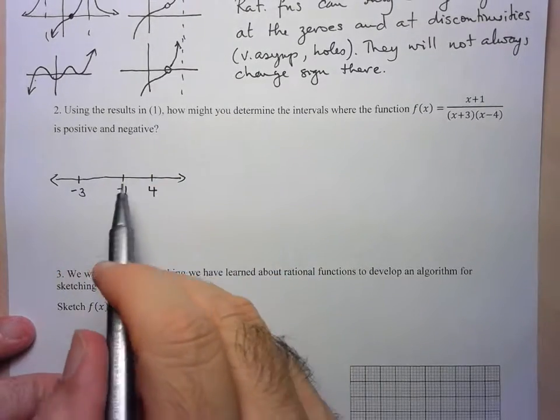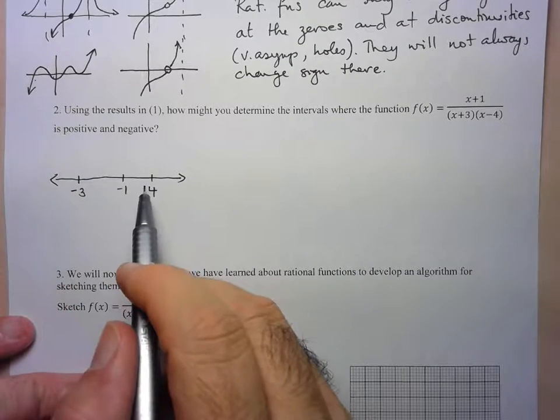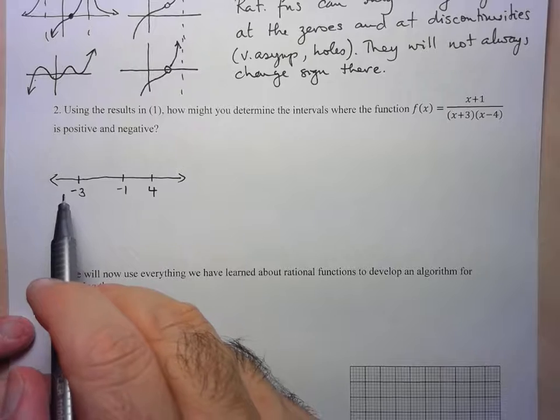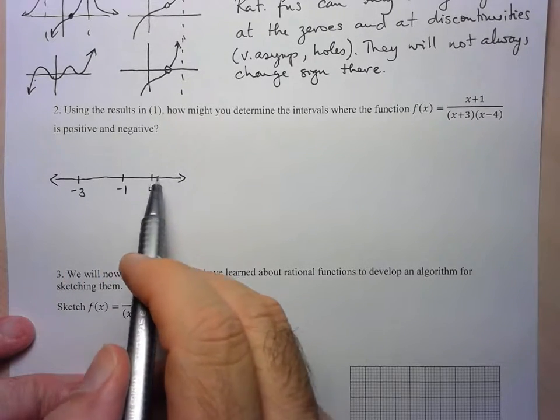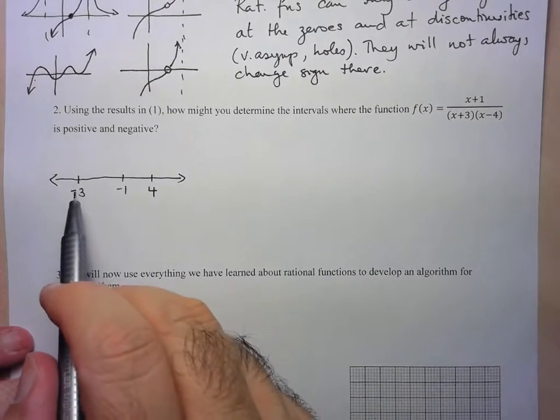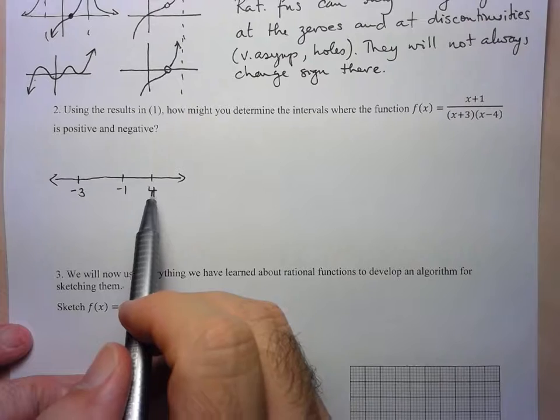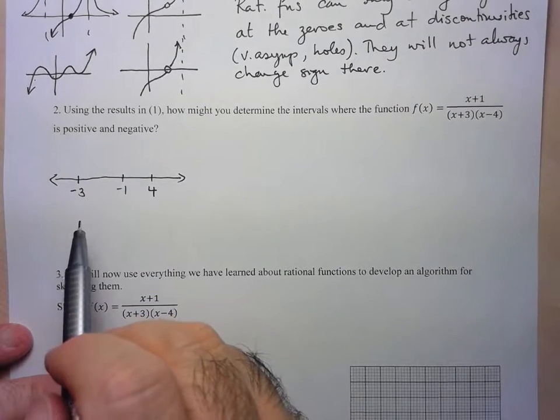Notice here I make no effort to space these out correctly, because I'm just interested in what's going on between these numbers. Now, why is it only what happens between these numbers? Because what did we say? These are the only places the function can change sign.